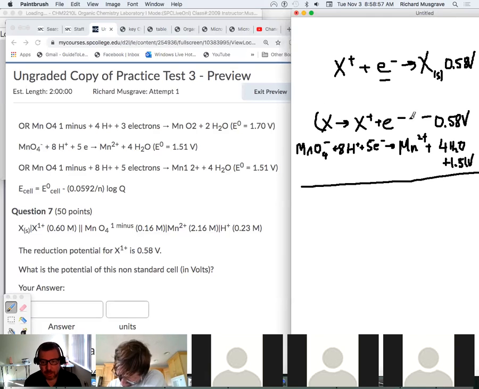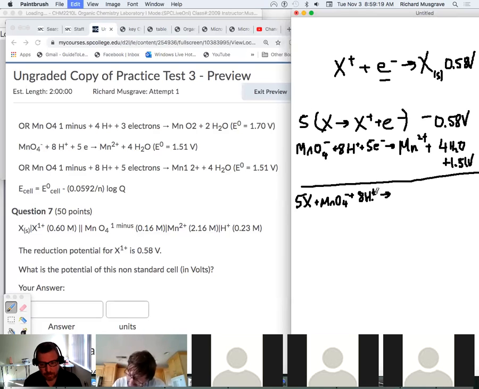Now I know to balance this, I'm going to have to multiply the top one by 5, so the electrons cancel. And my final reaction here, which is going to be important, is going to be 5x plus, I don't multiply this at all, so just leave it the same. And yeah, 4H2O.